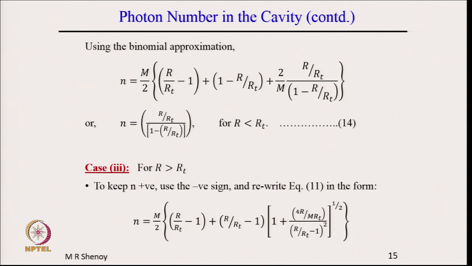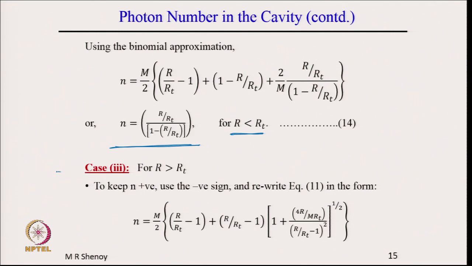So 2 by m and m by 2 cancel each other, and we are left with only this term, which is what we have written here: n is given by r by RT divided by 1 minus r by RT for r less than RT. So we have now got solutions for r equal to RT and r less than RT.